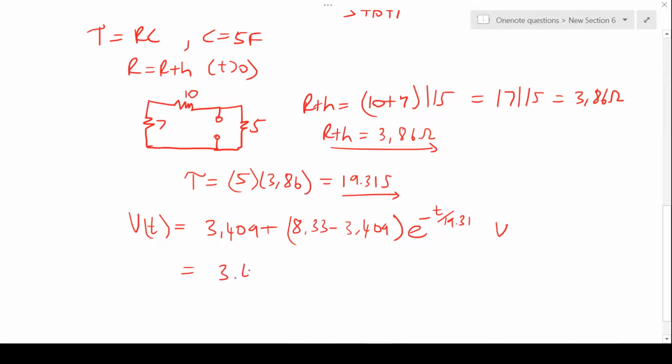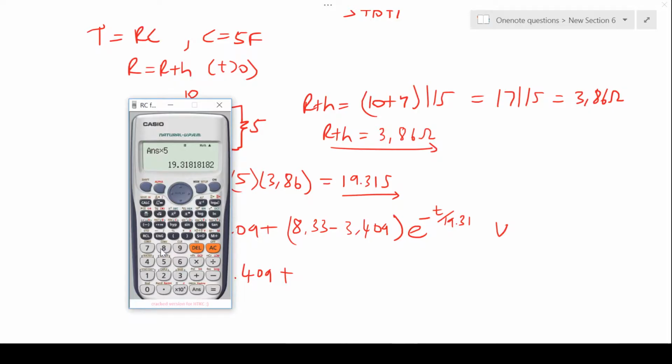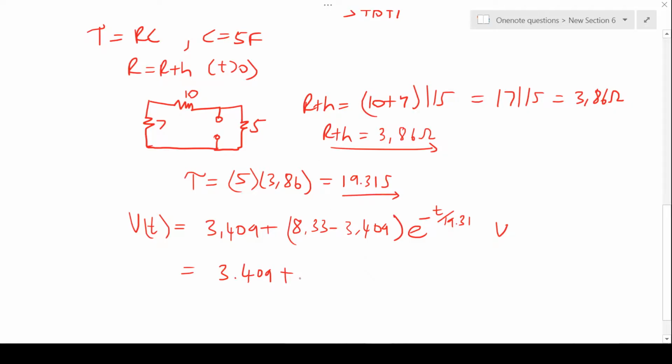So that's 3.409 plus 8.33 minus 3.409, which gives us a value of 4.92, times e to the negative t over 19.31 volts.